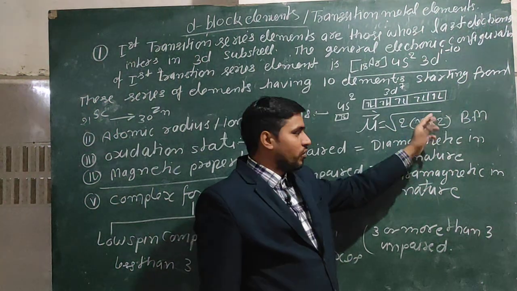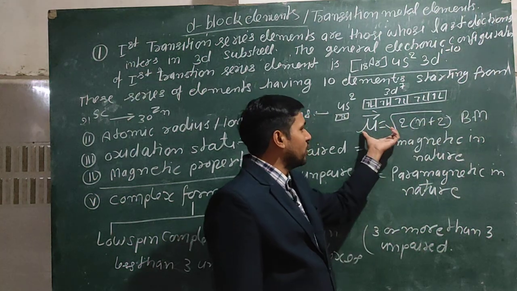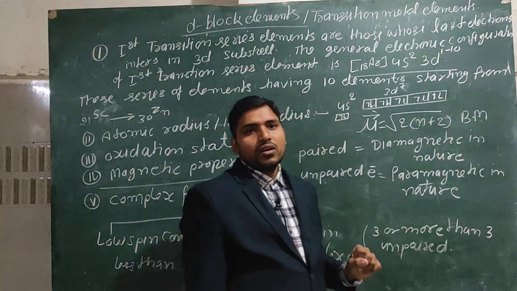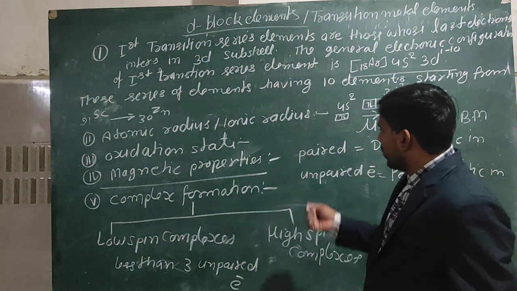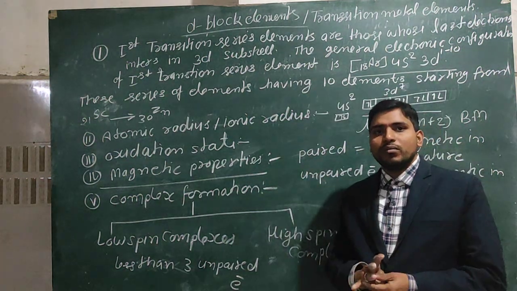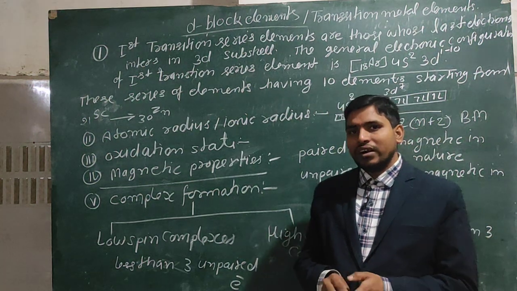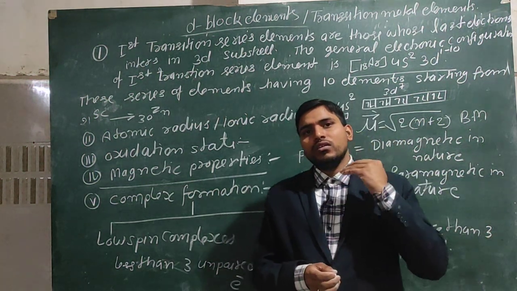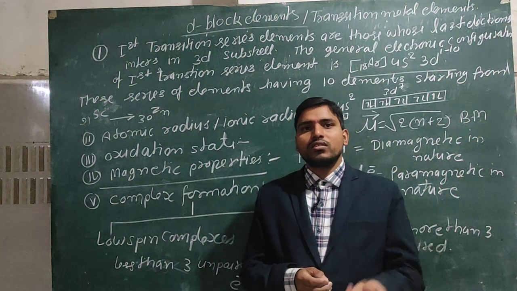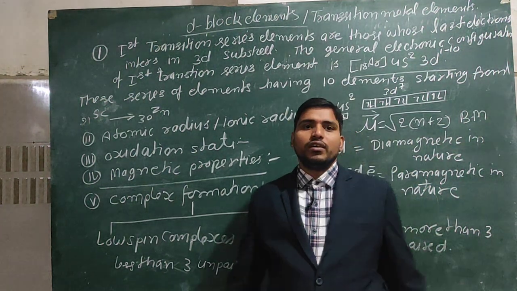If we put in the value of unpaired electrons, then we can easily find the magnetic moment of any element or complex. If any complex has less than 3 unpaired electrons, then its magnetic moment is low, but if it has more than 3 unpaired electrons, then its magnetic moment is high.